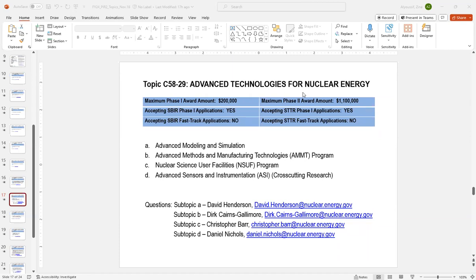And so applicants are encouraged to read through the detailed language of the funding opportunity announcement to get a little bit more context. And there are some other resources that can point to what the Office of Nuclear Energy has invested in the past. So I'd point the audience to asi.inl.gov. That is the program website for the Advanced Sensors and Instrumentation Program, where you can find some of that additional context.